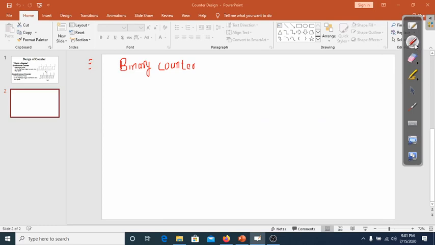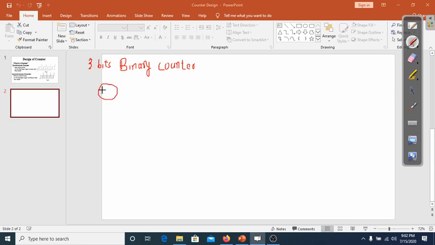It would be comprised of 3 flip-flops, and it will count from 0 to 7, or from 000 up to 111. This is the state diagram for 3-bit binary counter.